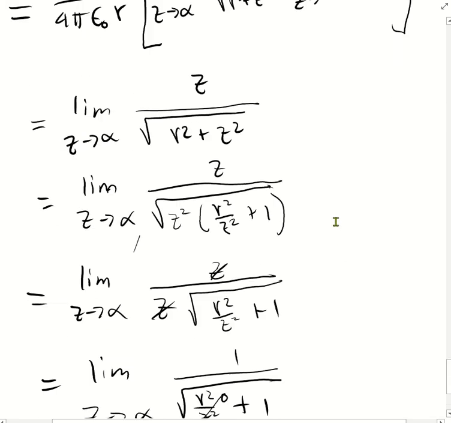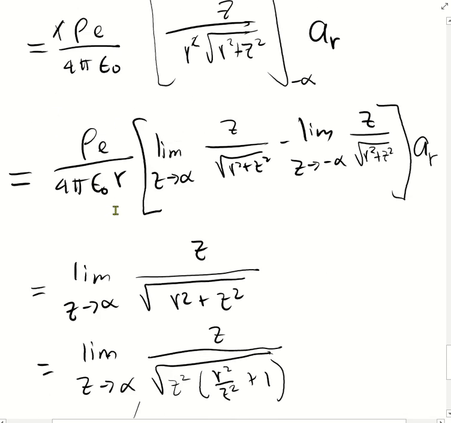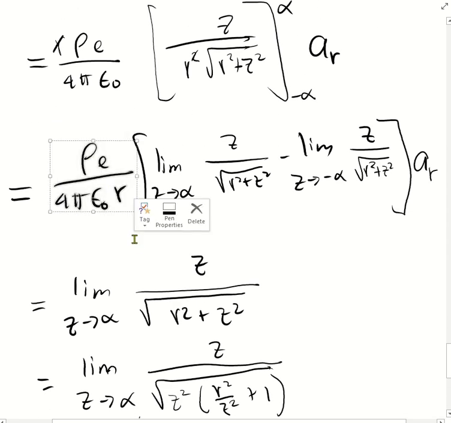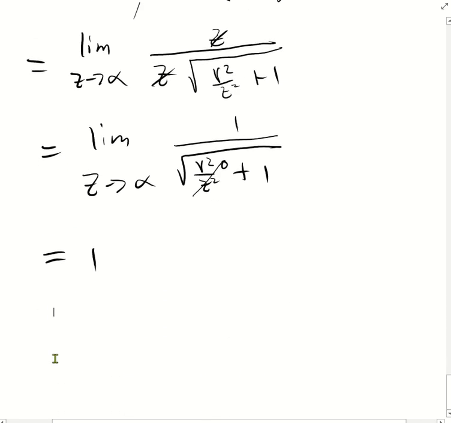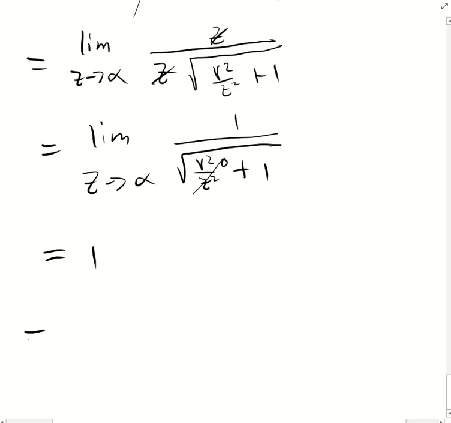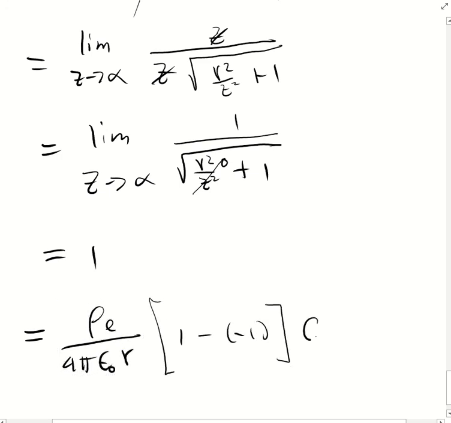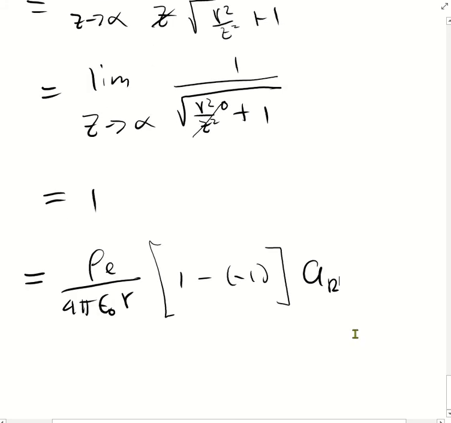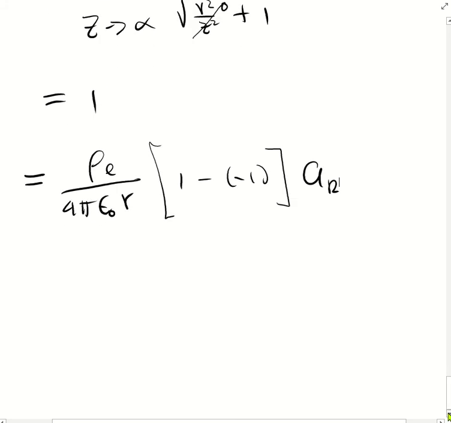So, this will be equal to... kopyahin ko lang to. So, ang limit natin will be 1 minus negative 1 as AR. Ano yung magiging sagot? 1 minus negative 1 is 2, positive 2.